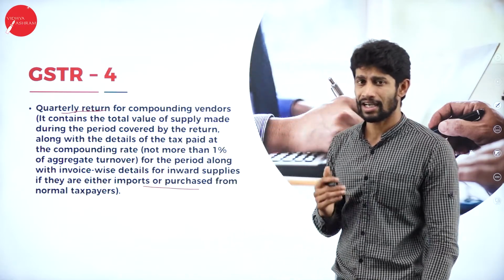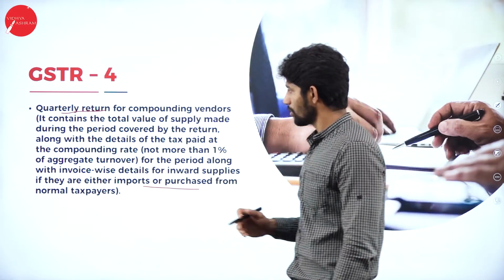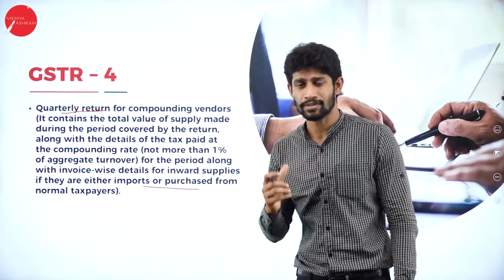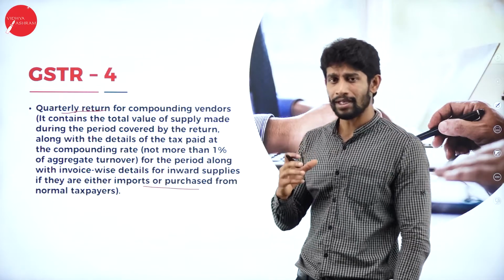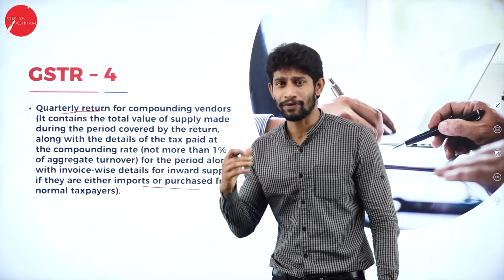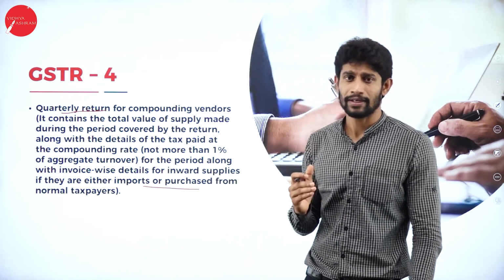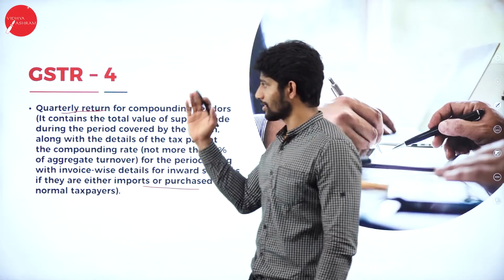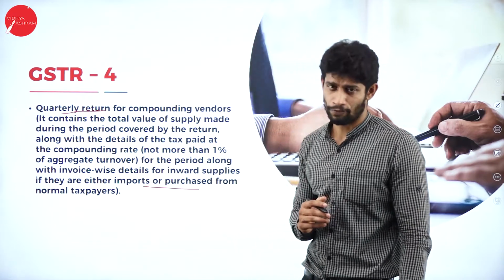So yes, GSTR 4 is all about the quarterly return for compounding vendors. Sometimes the vendors will be filing the returns quarterly, not every month. So those kinds of people will select GSTR 4.